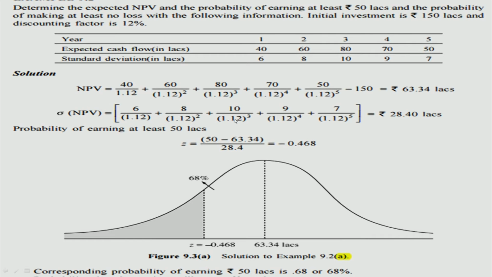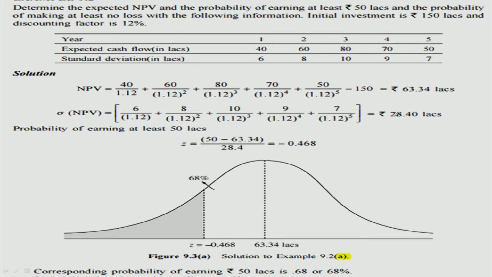Now, this case is of uncorrelated, right, uncorrelated cash flow, right. This example is not of correlated cash flow. So, we will do the example in a way which we did earlier example, right. So, this is 28.4 and the probability of earning at least 50 lakh is this x minus mu divided by standard deviation, right.